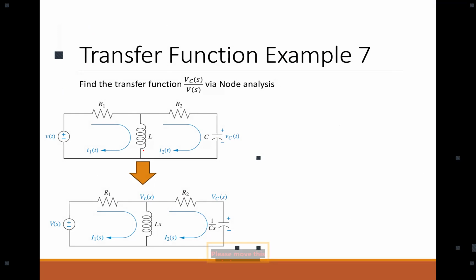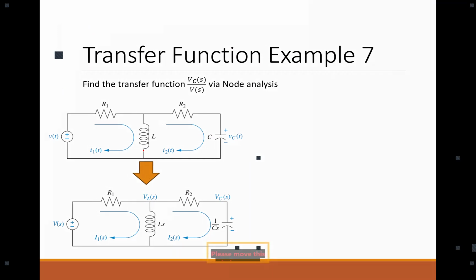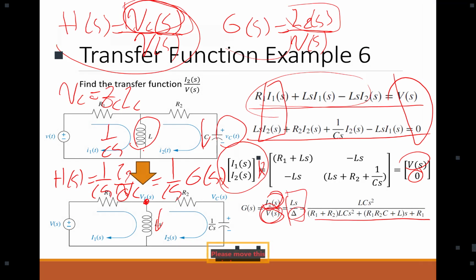Can you go back to the previous slide? So we just transformed the circuit from the time domain into the S domain. Then we found the total voltage from there.